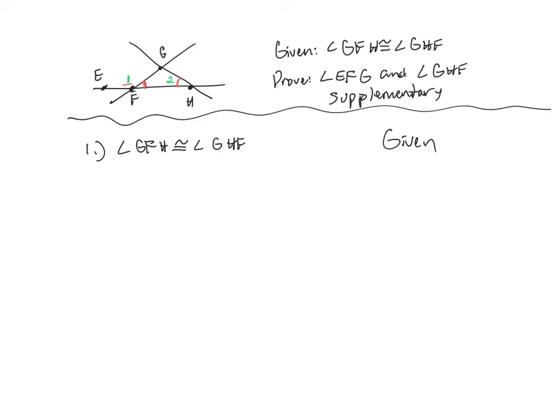Okay, the first thing I said was angle EFG, that's the angle 1 that I wrote up there, and angle GFH are a linear pair. Now, how do I know they're a linear pair?